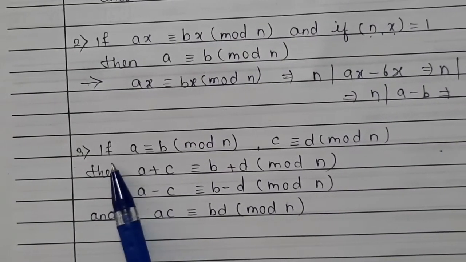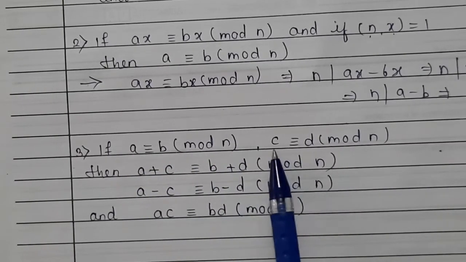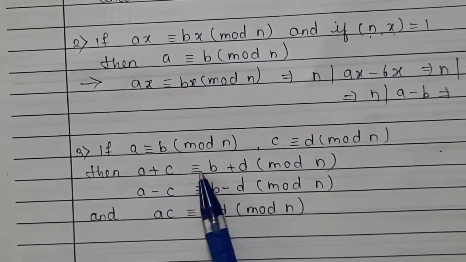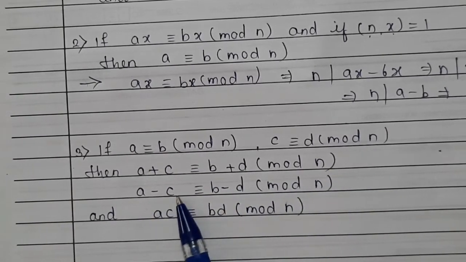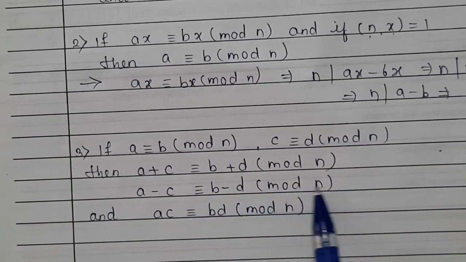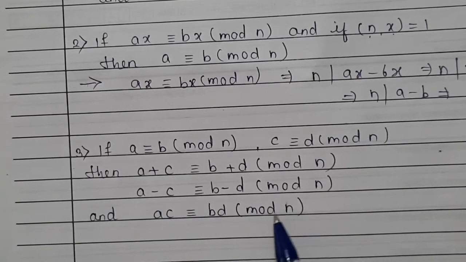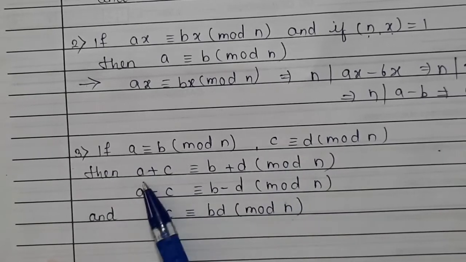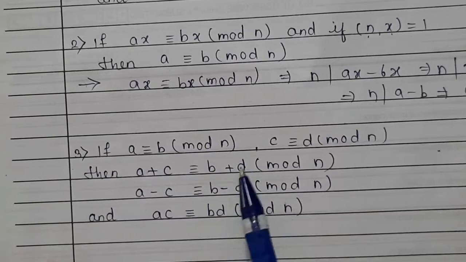Now the third property is, if a is congruent to b mod n and c is congruent to d mod n, then a plus c is congruent to b plus d mod n, a minus c is congruent to b minus d mod n, and a into c is congruent to bd mod n. You can easily prove this by assuming this and writing it in equation form.